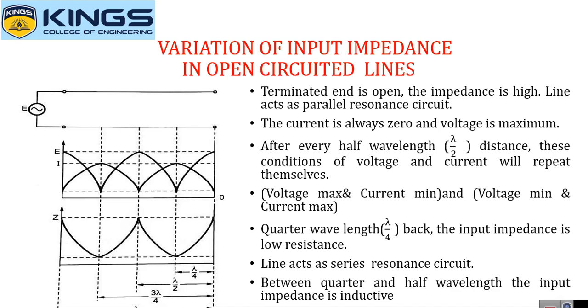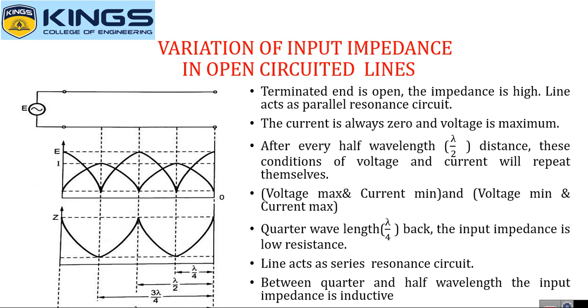Here the circuit is open, here is the E and I ratio, and here is the input impedance Zin with the distance λ/4, λ/2, 3λ/4 and λ. The impedance value here is 0. The current graph is like this, and the voltage starts from this value. Since the terminated end is open, the impedance is high, so the line acts as a parallel resonance circuit.